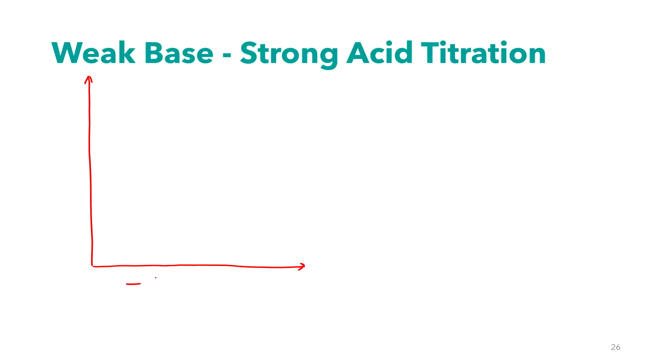You'd have mils of HCl added, some strong acid, and you're going to track your pH. I'm going to start up here at 14 and mark our halfway 7 and then 0.